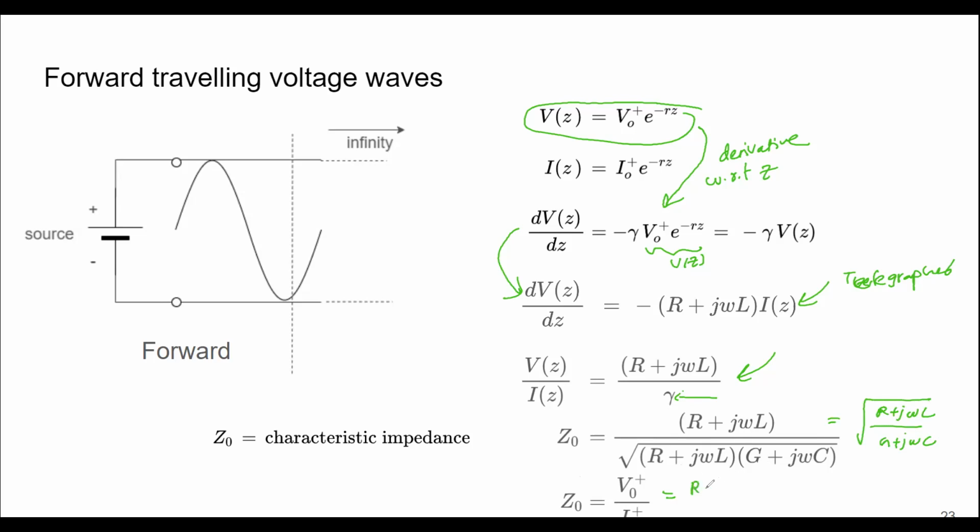So likewise, we can denote the characteristic impedance with respect to the voltages and currents and the parameters of the line, which are R, L, C, and G.